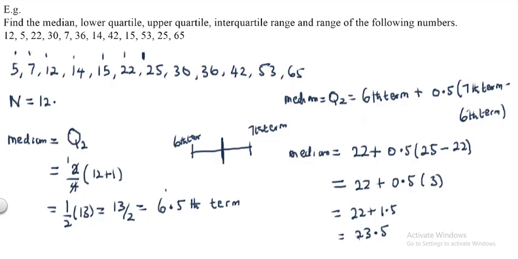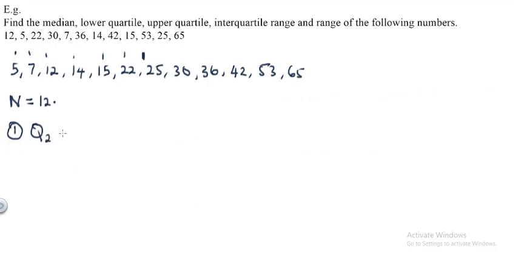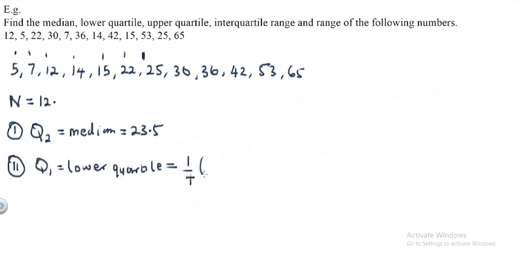Let's look at the lower quartile. We got our median, which is also Q2, equal to 23.5. In this case, we are told to find the lower quartile, which is another name for Q1, or the first quartile. So Q1 is 1 over 4, open brackets, n plus 1.